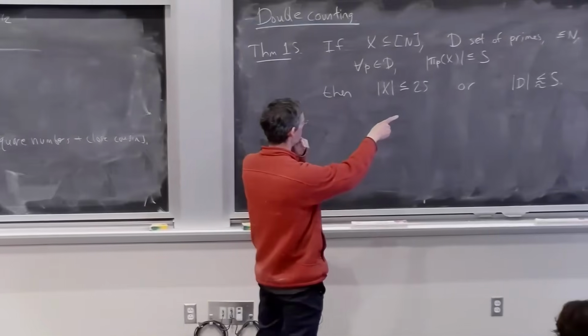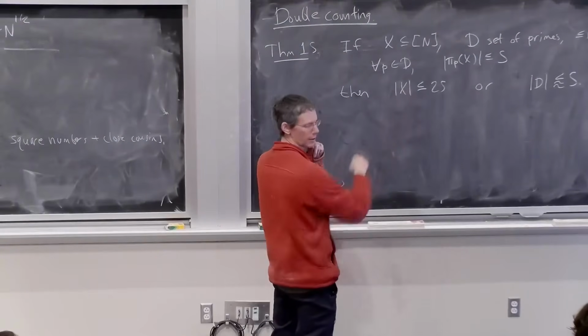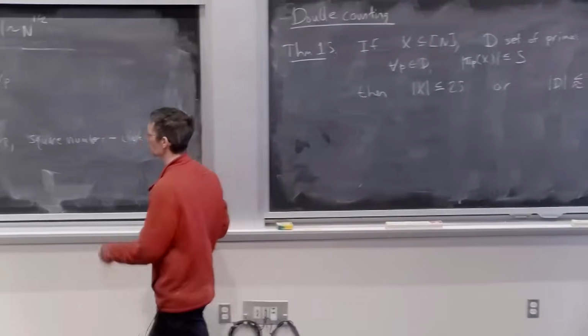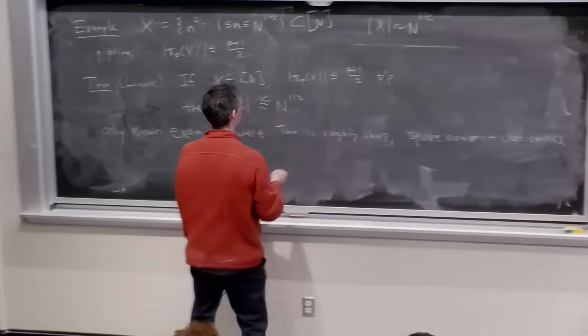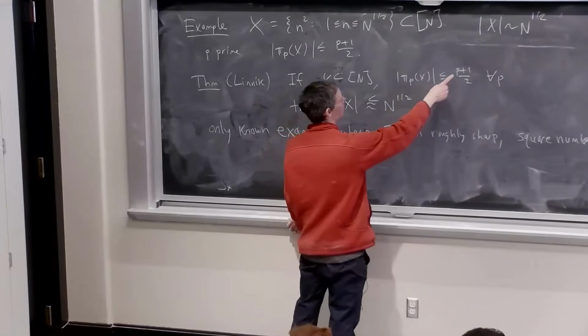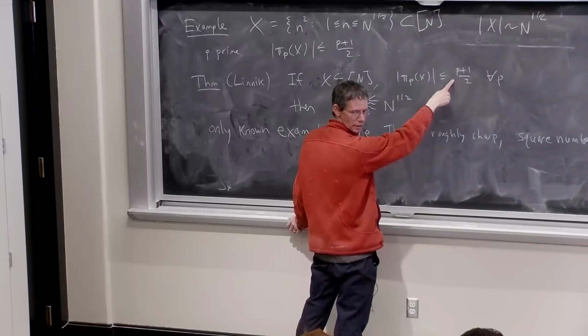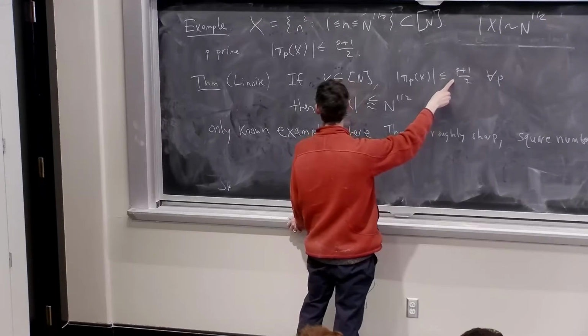So I guess this is most interesting if the number of directions is significantly bigger than s. So suppose I know that pi p of X is bounded by (p plus 1) over 2. So that's my s. Yeah, let's see.